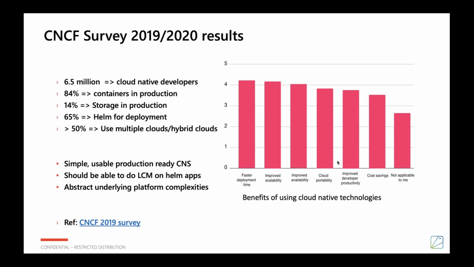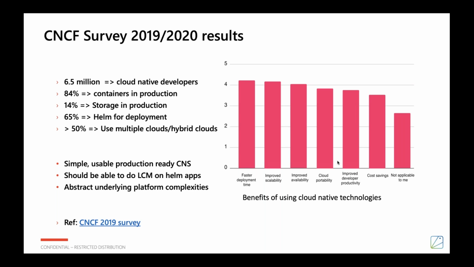And if you look at the right side, the chart shows why people are going for these cloud native technologies, be it Kubernetes or Prometheus and so on: the deployment time reduction, scalability, availability, cloud portability, and so on.